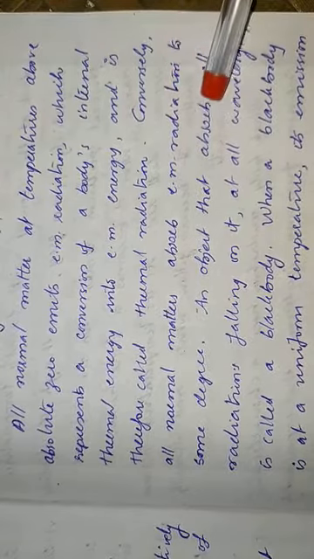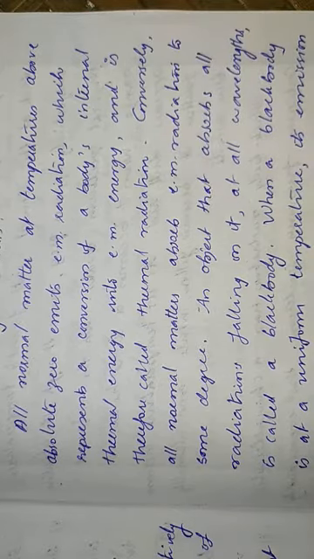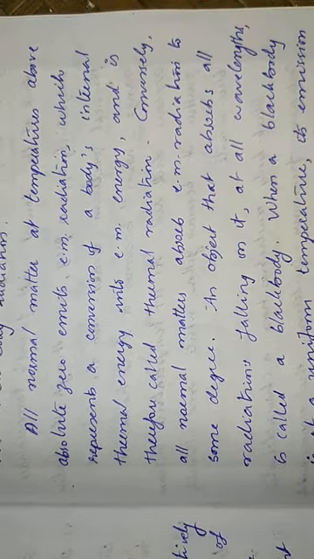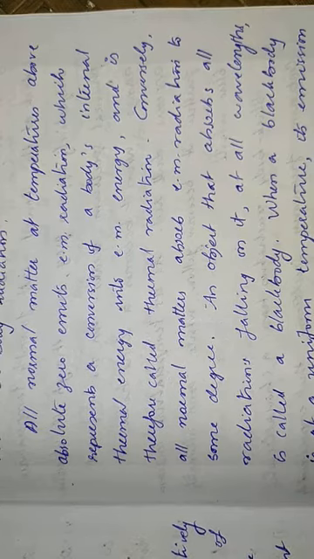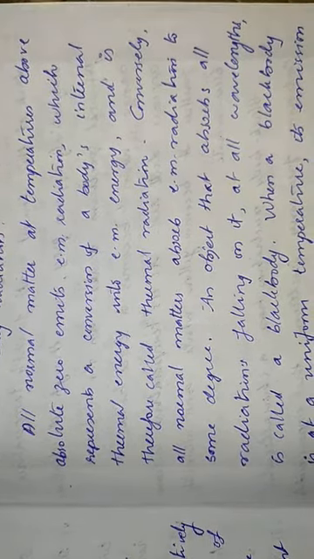An object that absorbs all radiations falling on it at all wavelengths is called a black body. So a black body can be defined as a body which absorbs all kinds of radiations falling on it at all wavelengths.